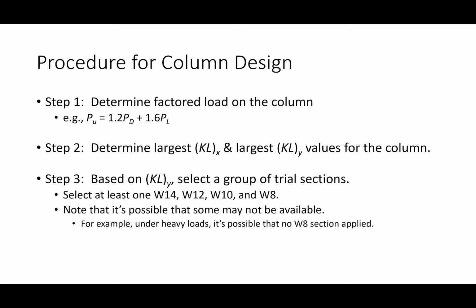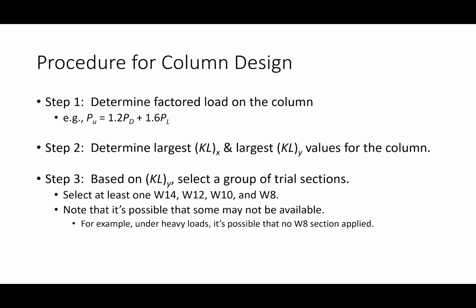So this is how column design is going to work. Okay, so what are we going to do? Step one, determine the factored load. I mean, that makes sense, right? What about step two? Step two, we are going to determine the largest KLX and KLY for a given column.